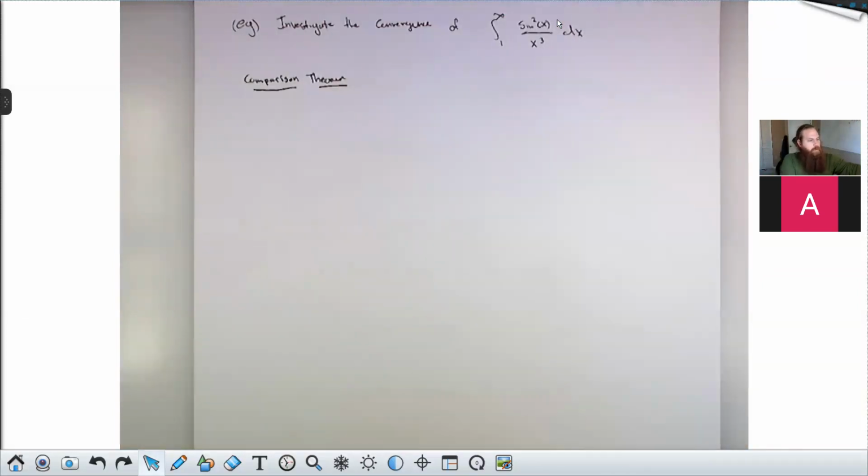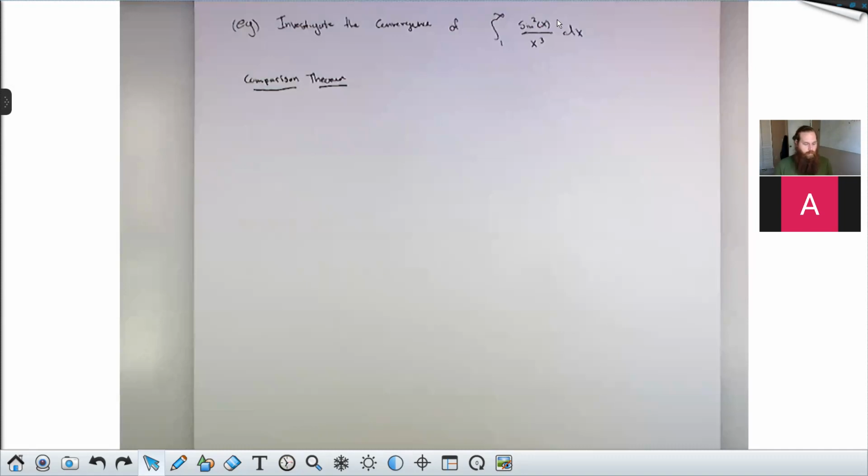What would be a good thing to try and compare this integral to? I think we can do better. Yeah, 1 over x cubed, right?